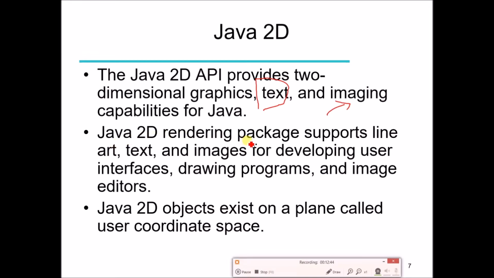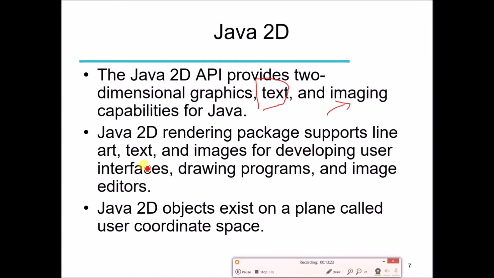The Java 2D rendering package supports line art, text, and images for developing user interfaces, drawing programs, and image editors. People use Java 2D if they are writing code for some interfaces. For example, this can be the interface for a simple application. Maybe you are developing an interface for some records. We read the records from some file and want to display them in a window or frame, and there are navigation menus and navigation buttons, so we can develop such interfaces.